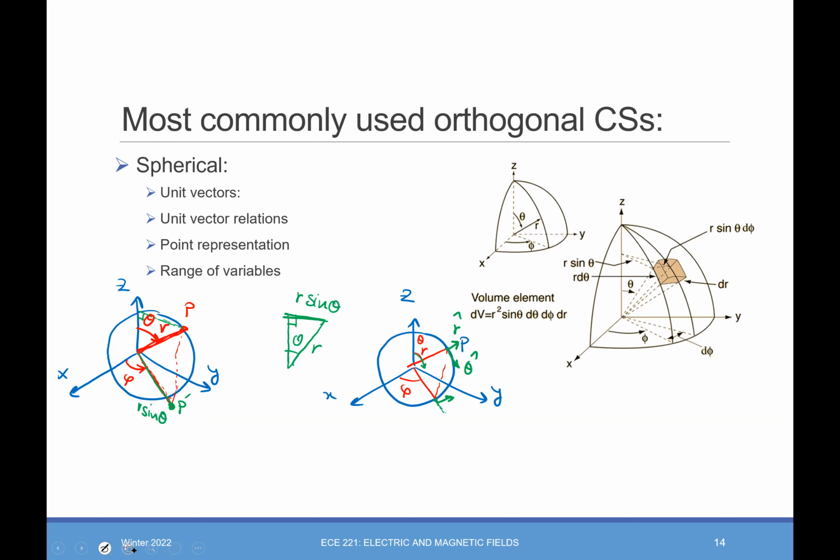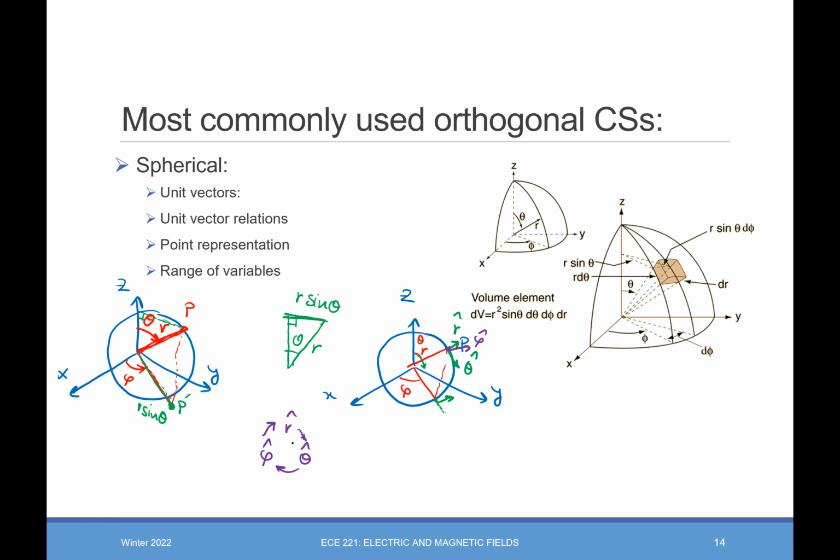Let me draw it with this one. So phi hat, if I want to draw it exactly at this point, is going to be right here. Another important thing to know is that r hat, theta hat, and phi hat are going to be in this circle.